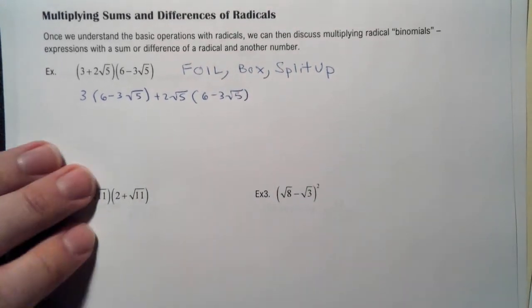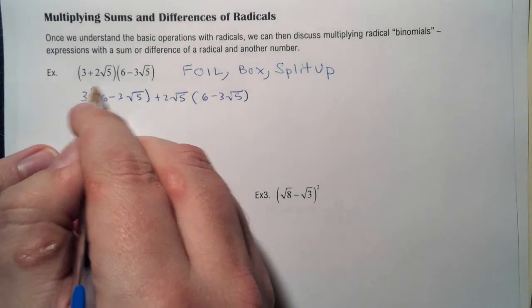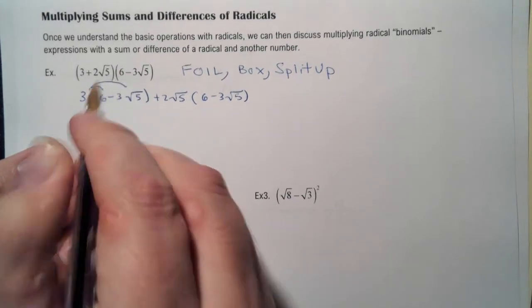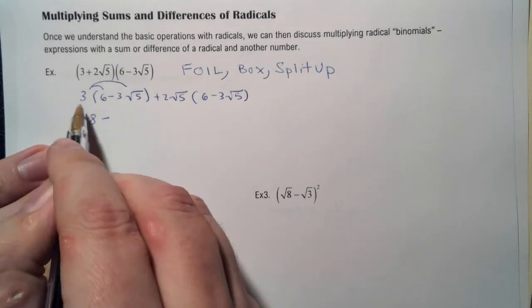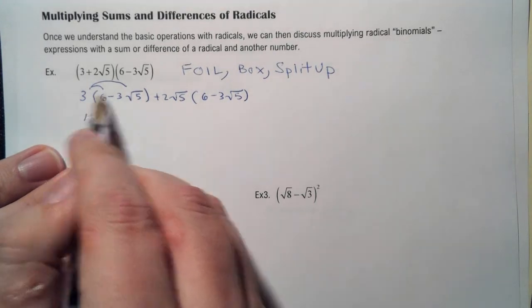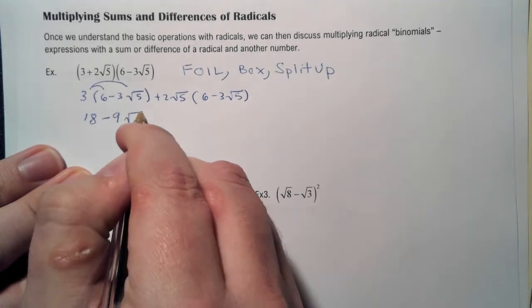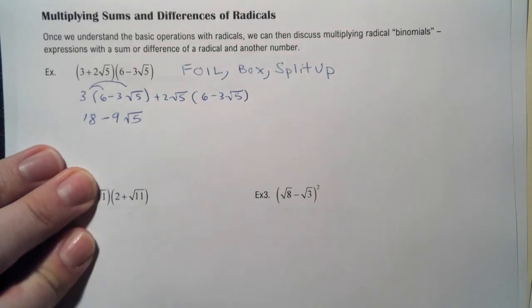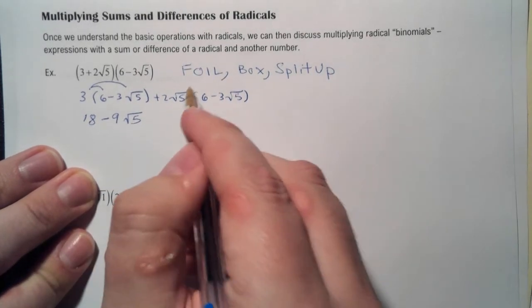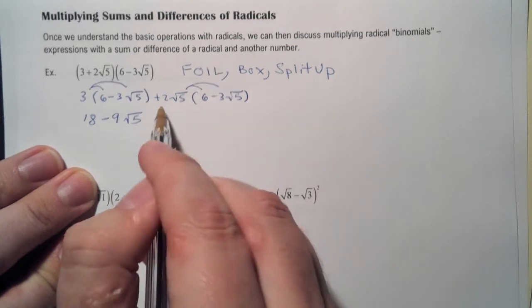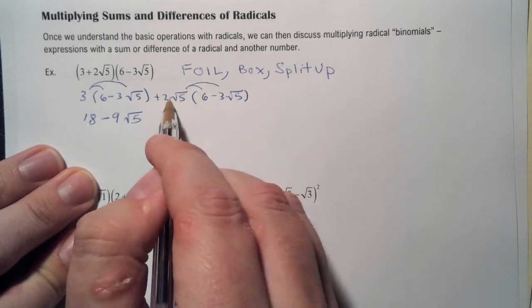Now when you do this, you have to be very careful. Some of this is quite simple. 3 times 6 is 18. 3 times 3 square root 5, well, 3 can be multiplied with the 3, and that's 9. And then I will still have the square root of 5. What about down here? I'm still going to distribute 2 square root 5 times 6. Well, I will multiply the 2 and the 6.